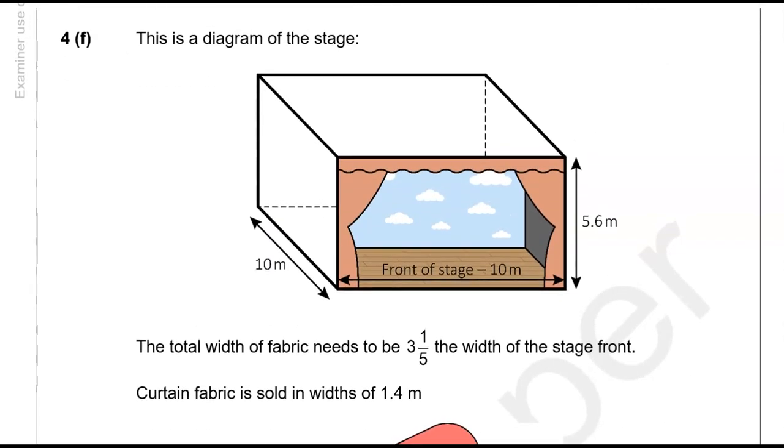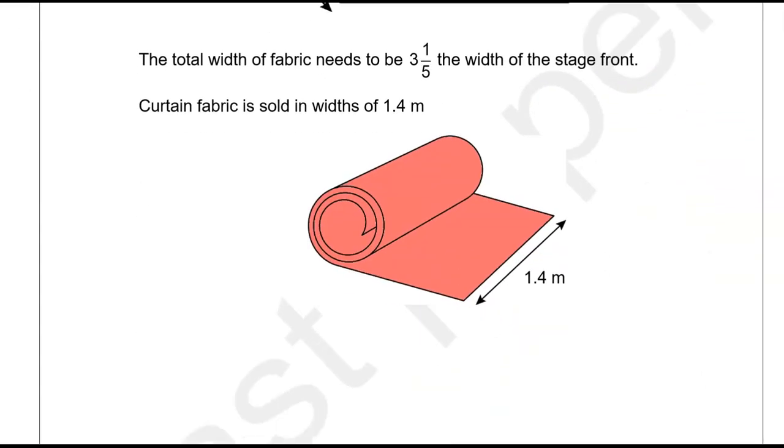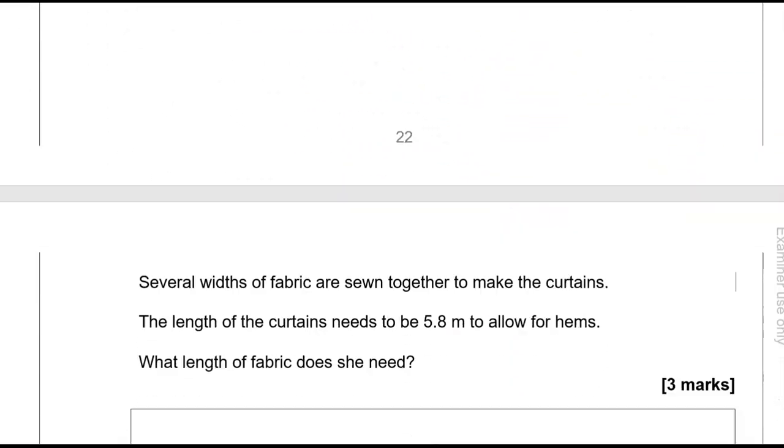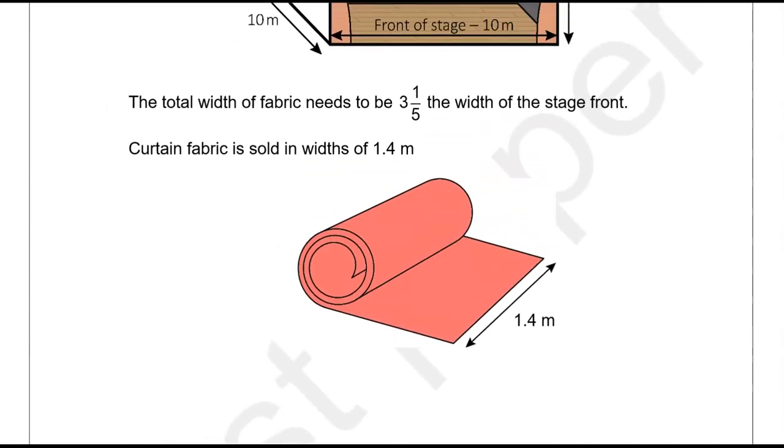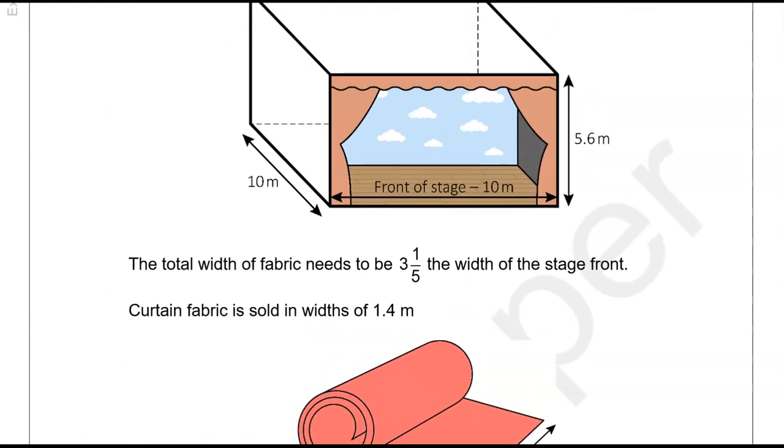This is a diagram of the stage. The total width of fabric needs to be 3 1/5 the width of the stage front. Curtain fabric is sold in widths of 1.4 meters. Several widths of fabric are sewn together to make the curtains. The length of the curtains needs to be 5.8 meters to allow for hems. What length of fabric does she need? So looking at the width, it says the total width of the fabric needs to be 3 1/5 the width of the stage front.